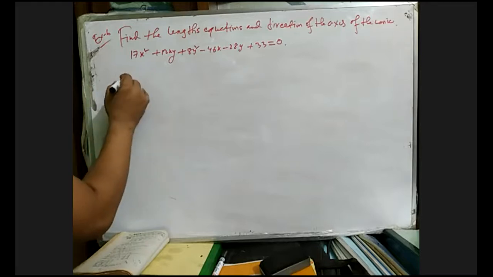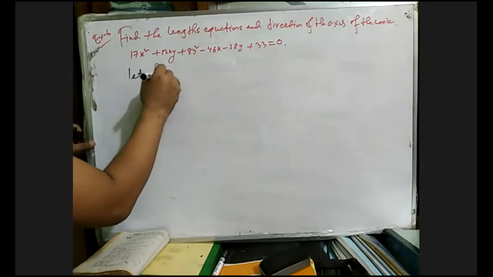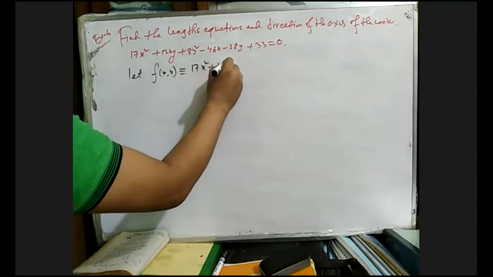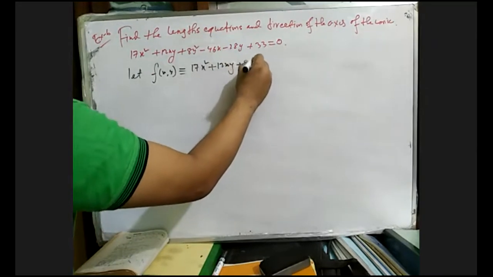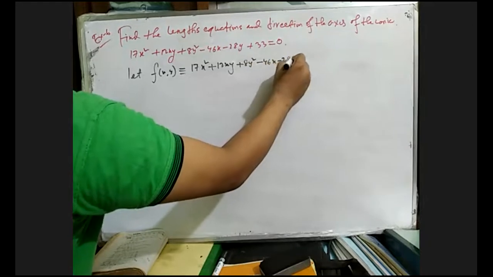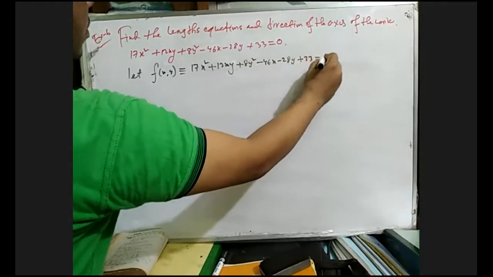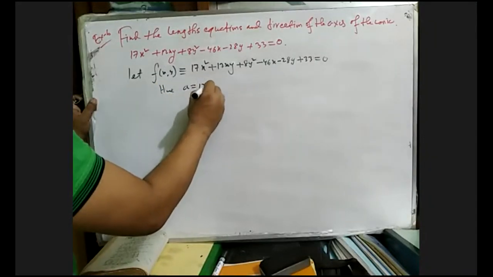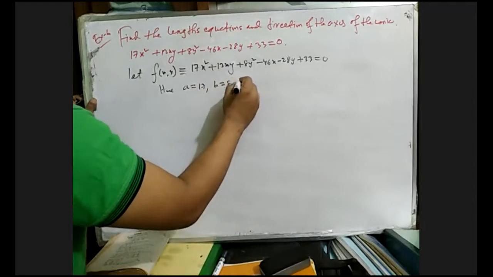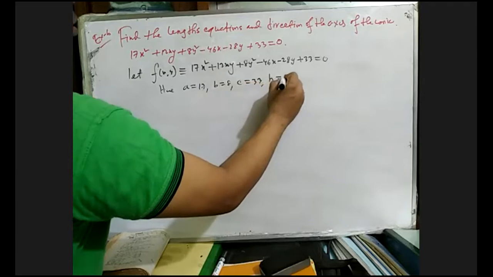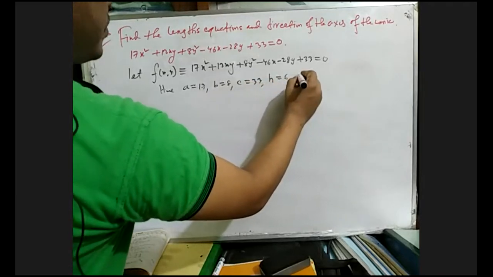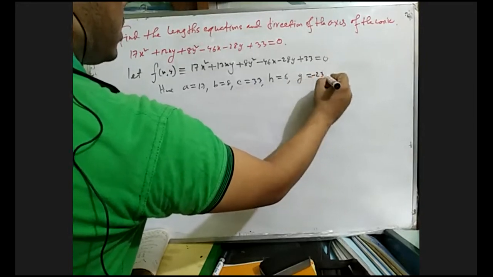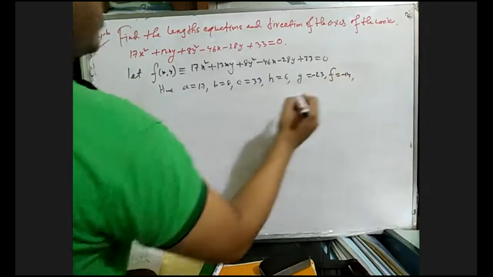So here a equals 17, b equals 8, c equals 33, g equals minus 23, f equals minus 14.